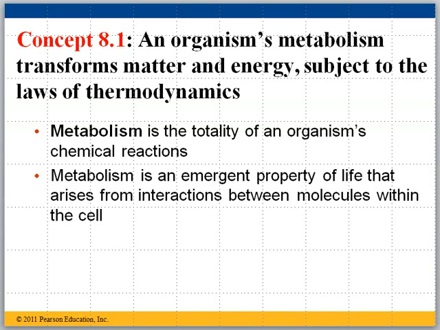And metabolism is another one of those emergent properties of life. It's an overall process that you don't see in one particular molecule. It involves a huge number of molecules, cells, and organs, and it's a type of emergent property that you see higher up in the chain of organization.